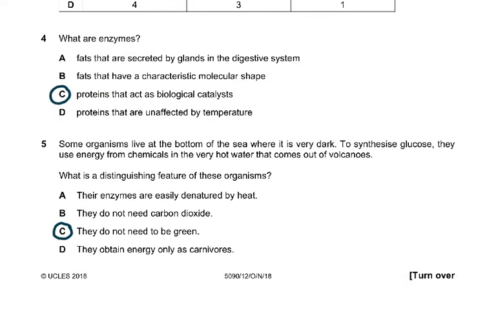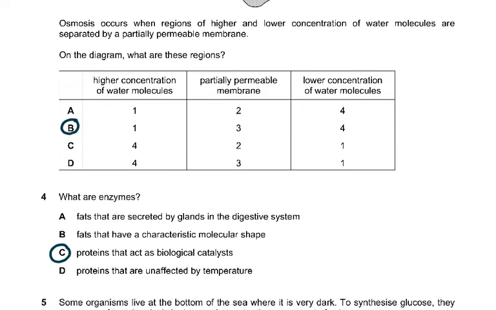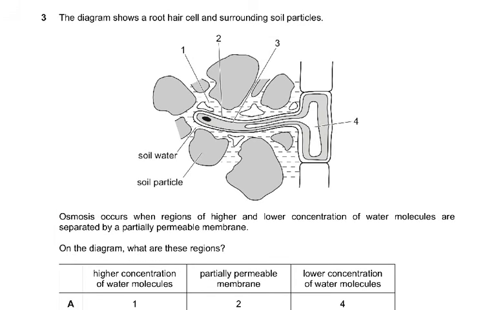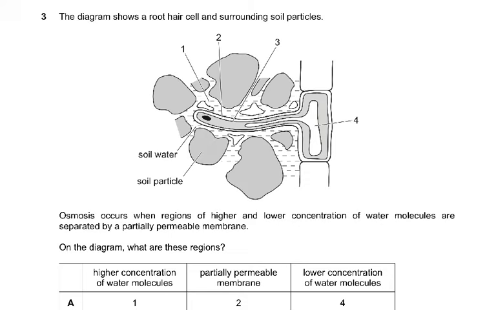Then coming on to question 3. Now question 3 is a long sort of question. The diagram shows a root hair cell, and this is the root hair cell which you can see here. It has cytoplasm, and it has a vacuole, and it has four labels on it: 1, 2, 3, 4.